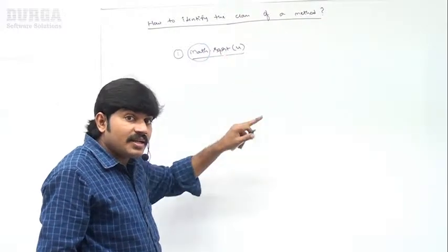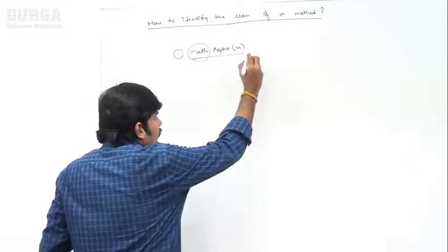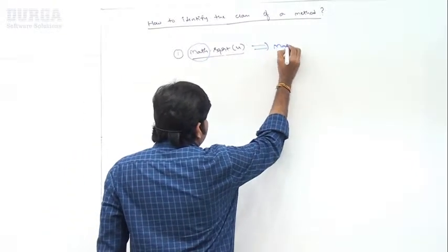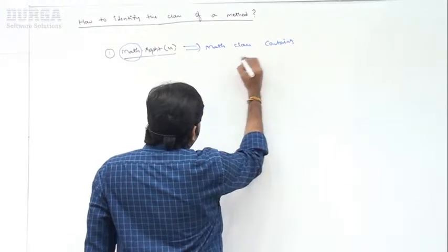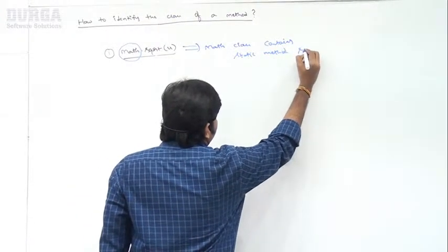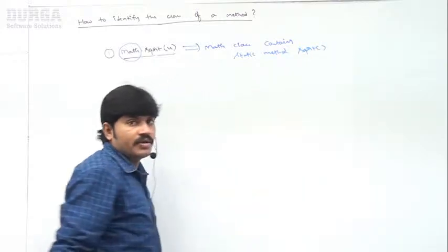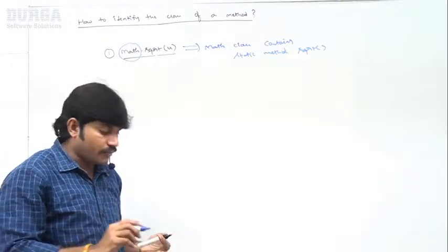So which class contains the sqrt method? Because by using which class name are you calling? So the Math class contains a static method. What is that static method? sqrt. Everyone can understand, right? The Math class contains the static method sqrt.